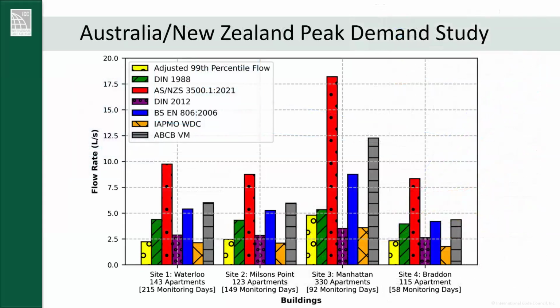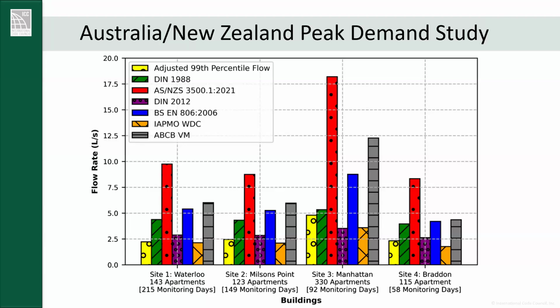In the Australian research, you can see in this bar graph that the red bar is the Australian predicted peak demand.